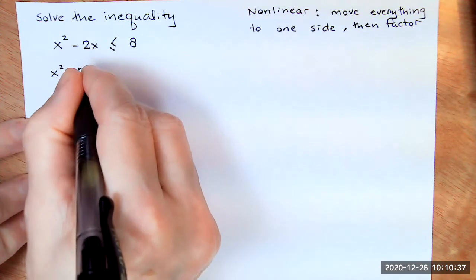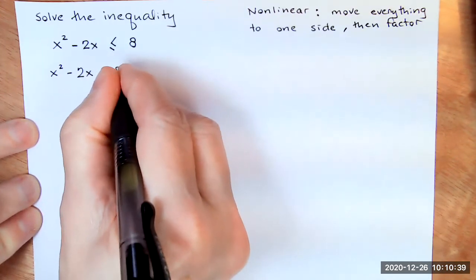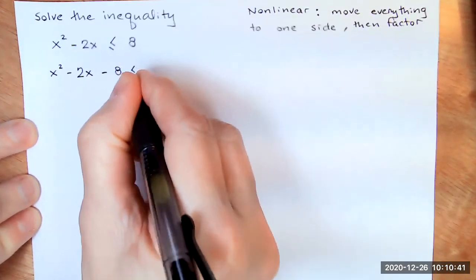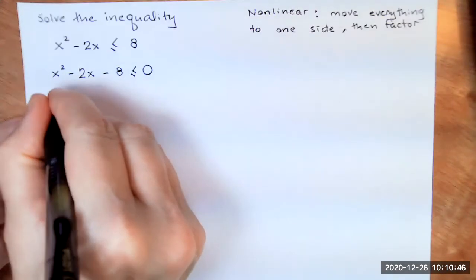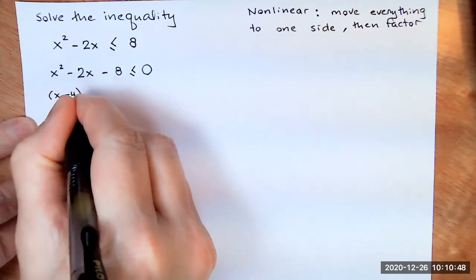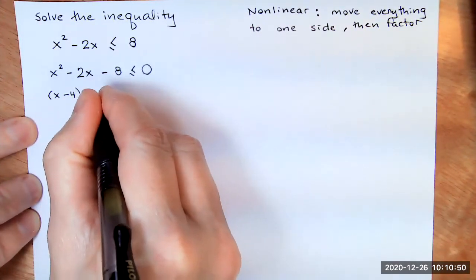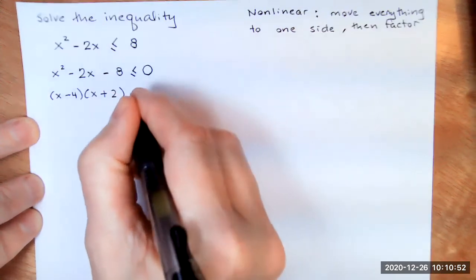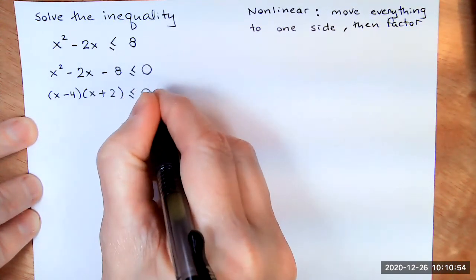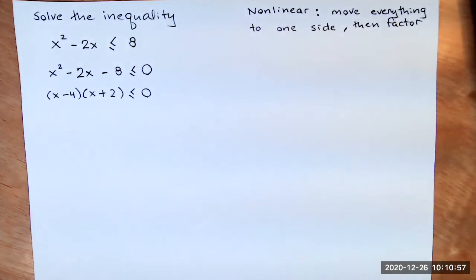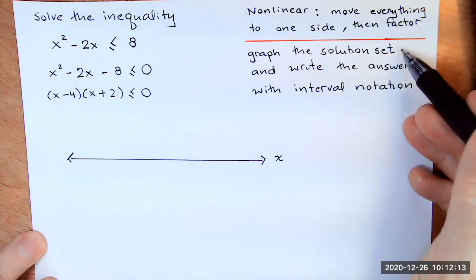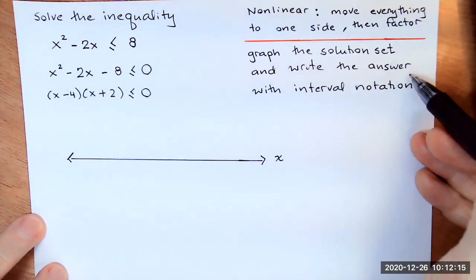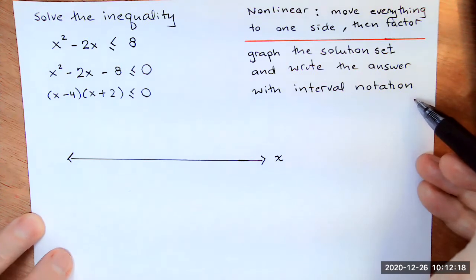Remember, adding and subtracting does not change the sign of the inequality. And then we factor, so we get x minus 4 times x plus 2 less than or equal to 0. All right, now let's graph the solution set and write our answer in interval notation.